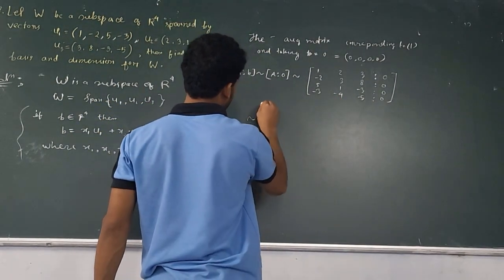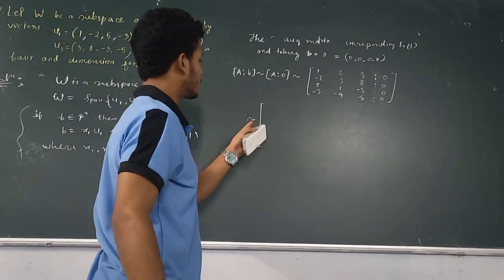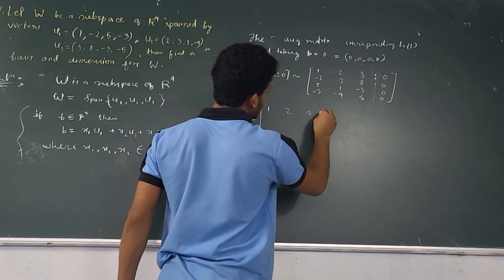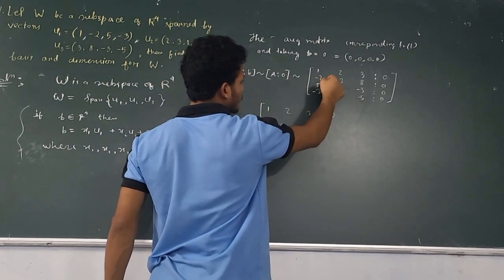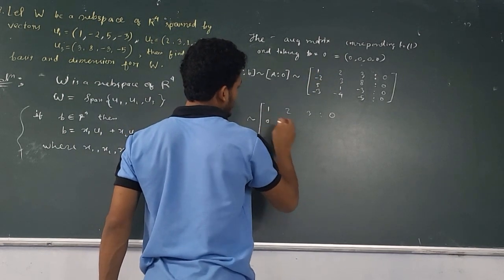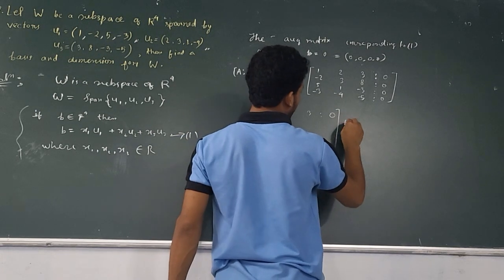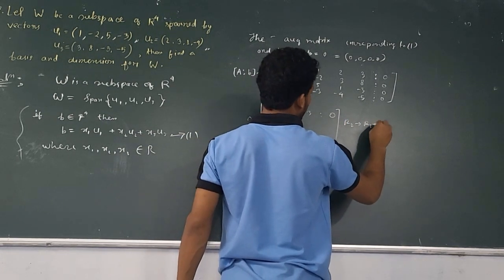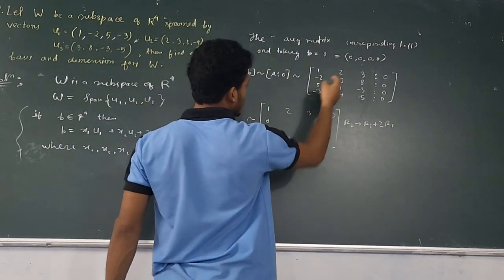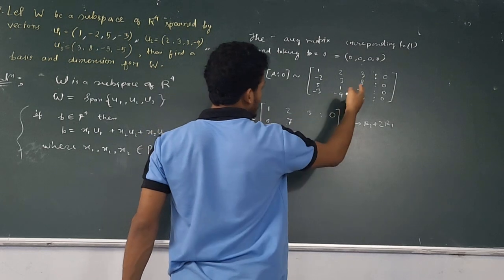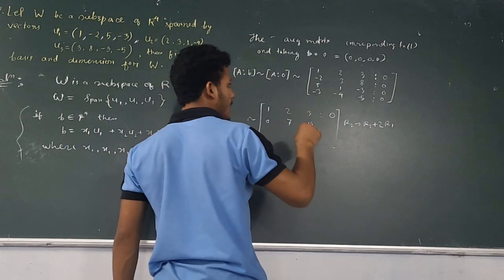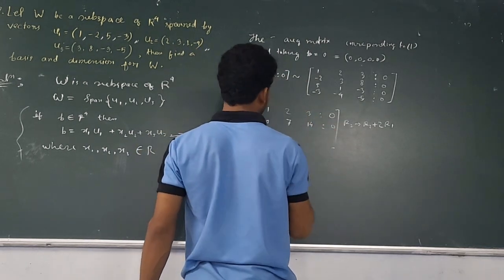And this matrix is equivalent to the following. The first row is 1, 2, 3, 0. You have to make the entries below it 0. What operation will be taken here? R2 goes to R2 plus twice R1, then it will be 0, 7, 14, 0.